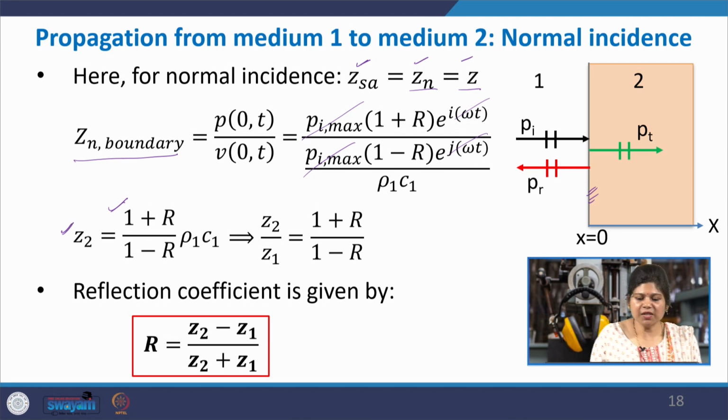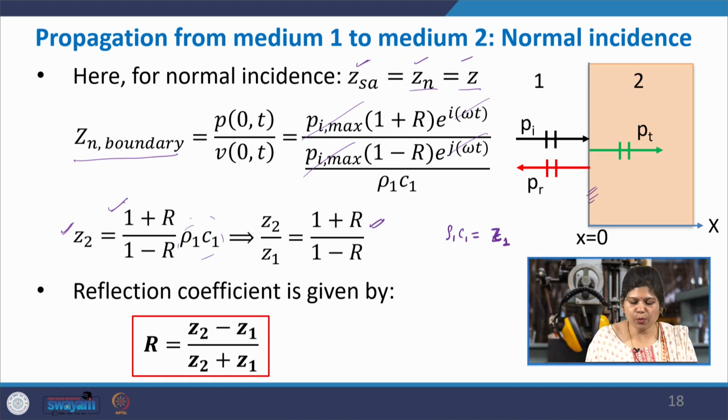Now, we know that rho into C is the characteristic impedance of that medium. Here it is rho 1 into C1, the characteristic impedance of the first medium, small z1. So small z2 by small z1 becomes this quantity.